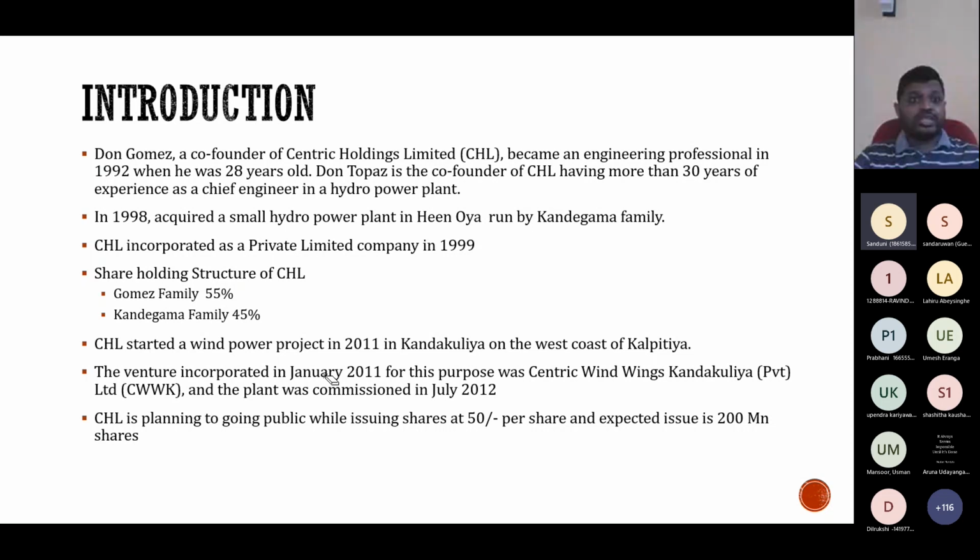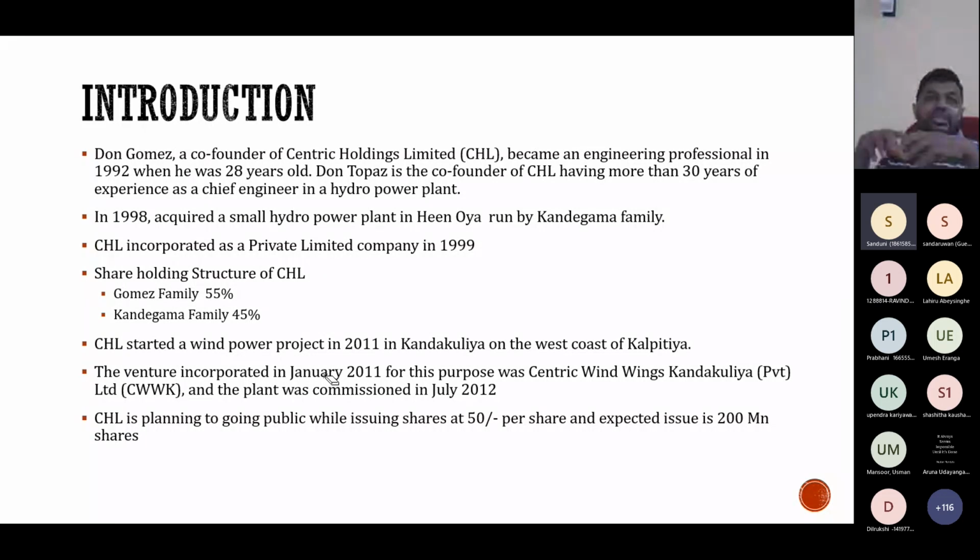He was also a chief engineer in the hydropower plant, and he has 28 years of experience. When CHL was formed in 1992, they entered the renewable energy sector, and they acquired a small hydropower plant which was run by the Kandekama family.